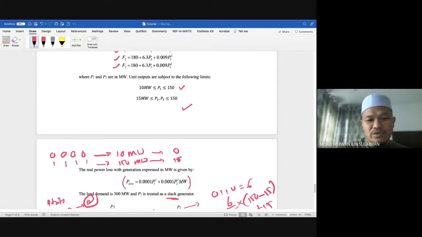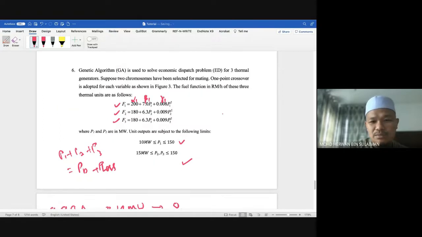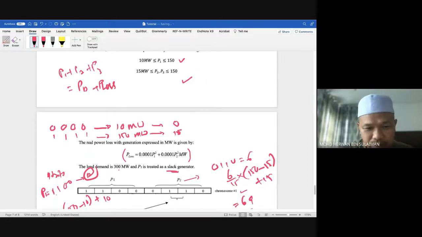If you remember, we have equality constraints: the summation P1 plus P2 plus P3 must equal your demand plus loss, P loss. Our demand is how much? 300.